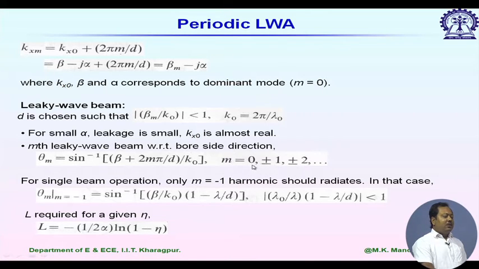So, m equal to 0 represents the dominant mode. Obviously, it will be a slow wave and will not radiate. Radiation can come only if m takes negative values.